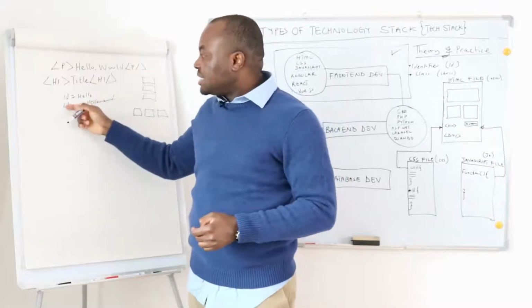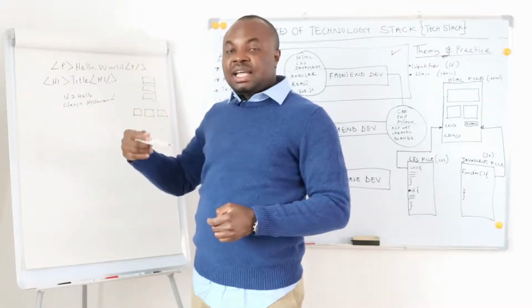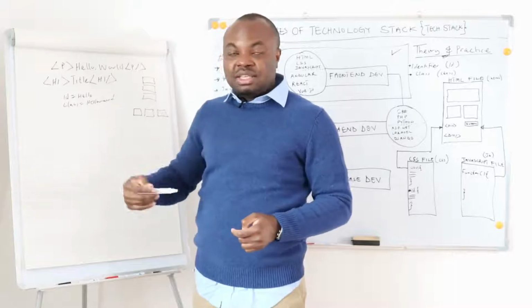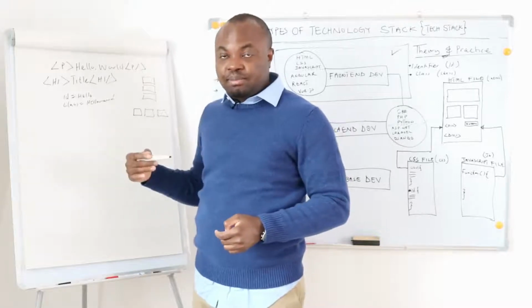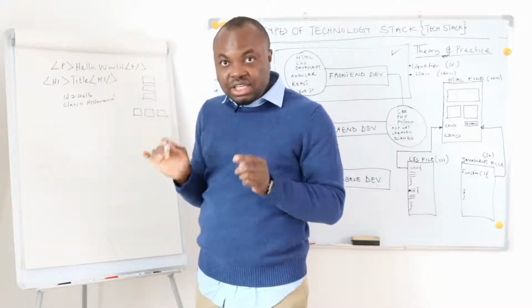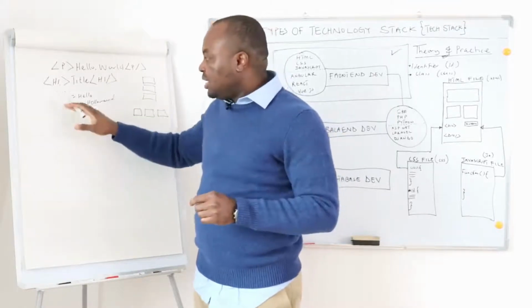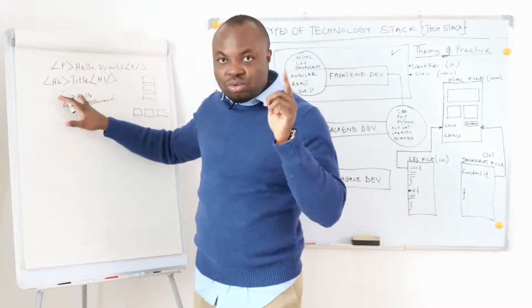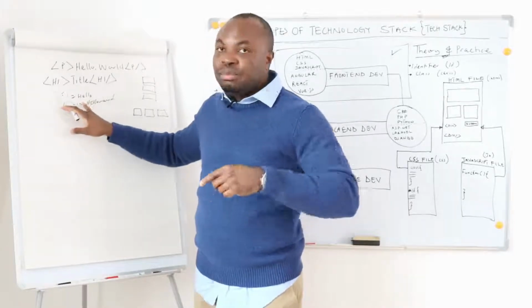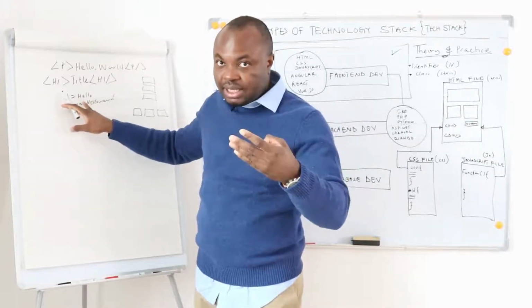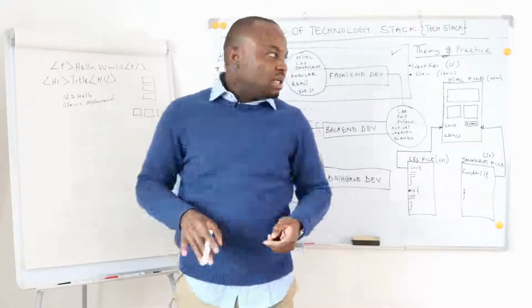But a class can be shared between several elements, while every element must have its own unique identifier. To cap it up, an identifier belongs to only one element. A class can belong to more than one element.